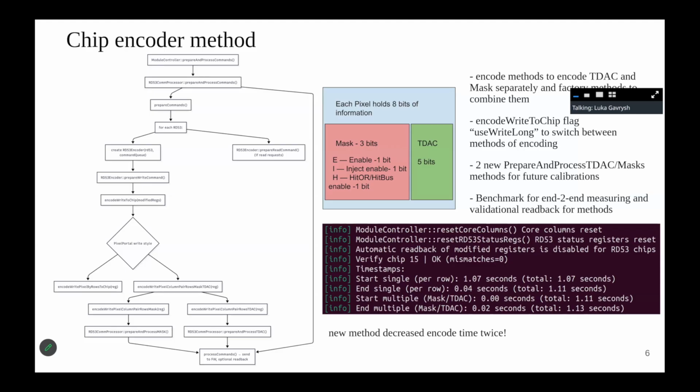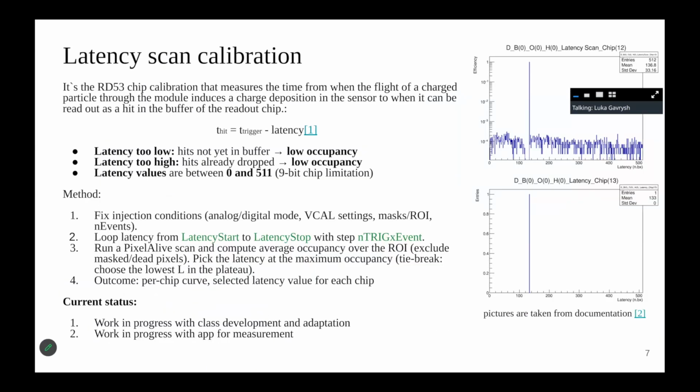And this was a small preparation, as I said already, for my final task, a calibration. Basically, I got the latency scan calibration. What is the latency itself? The latency scan is a calibration that determines for each RD53 chip the offset in bunch crossings between when the charge deposition occurs in the sensor and when the trigger arrives, so that the hit is still present in the chip's readout buffer.